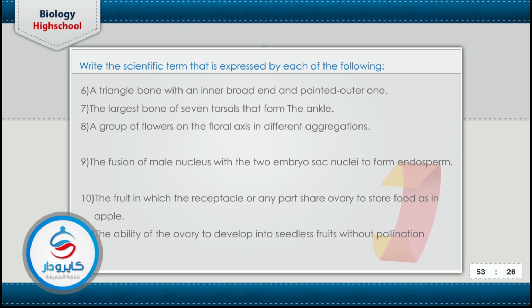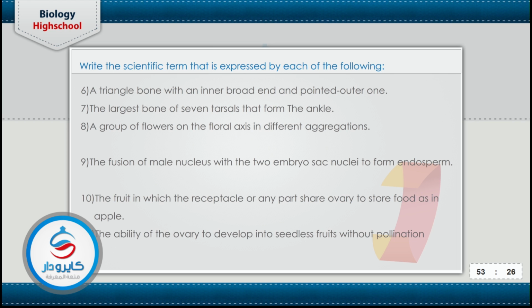Number 11. The ability of the ovary to develop into a seedless fruit without pollination. The development of the ovary into fruit without seeds, without pollination or fertilization, is called parthenocarpy. If parthenocarpy is induced by man, it's called artificial parthenocarpy.